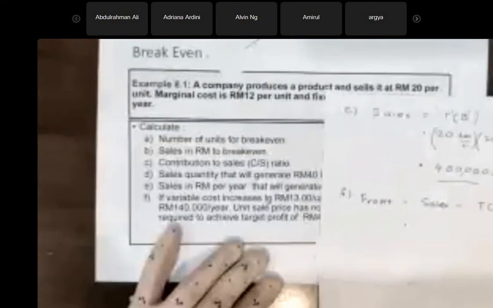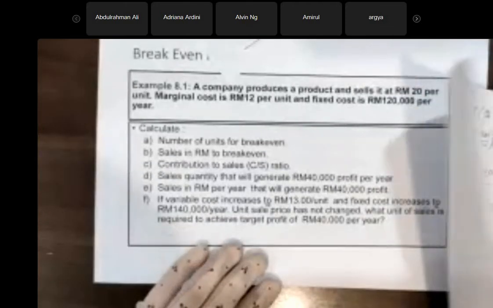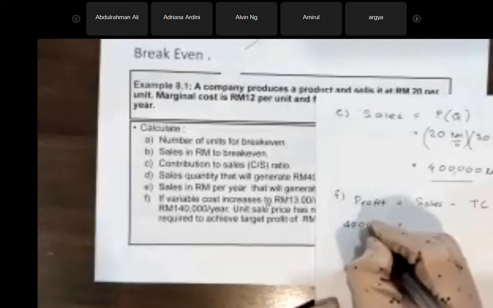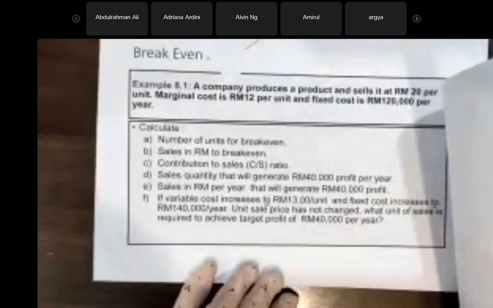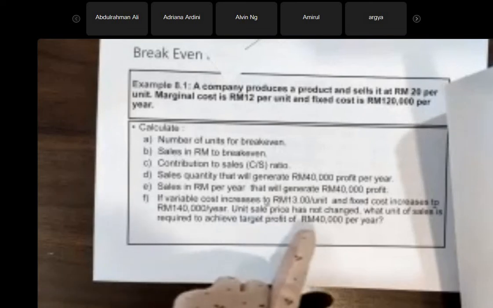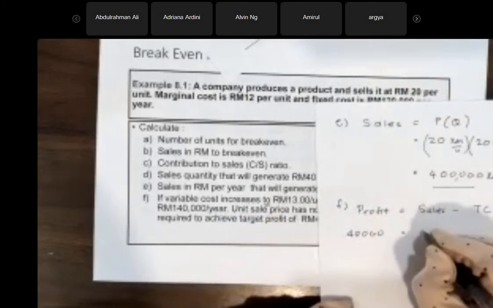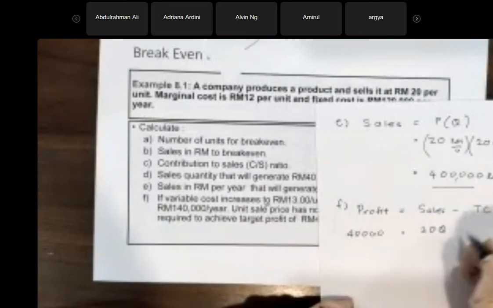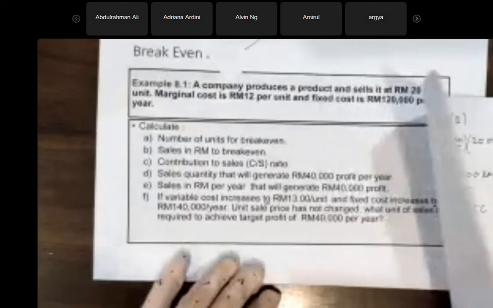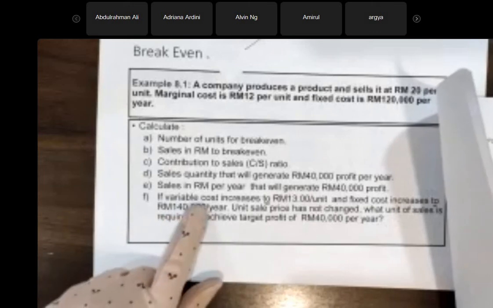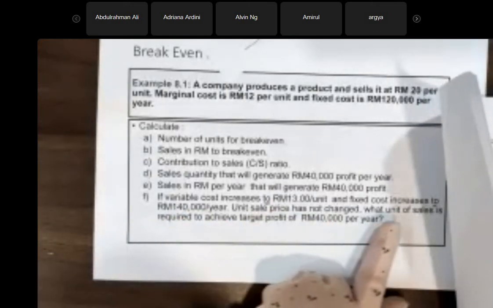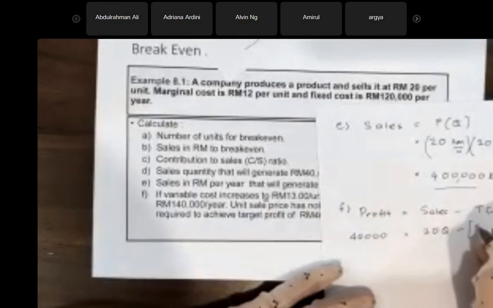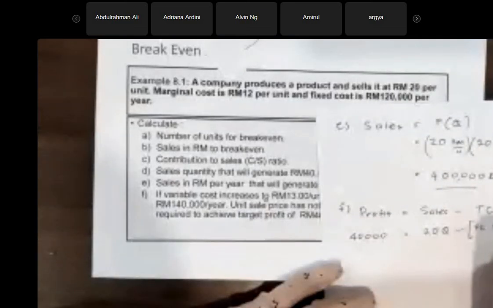The target is 40,000. The unit sale price has not changed, so you have 20Q, price times Q, minus total cost. Now variable cost increased to 13 and fixed cost increased to 140. Here you have the fixed cost plus variable cost times Q.